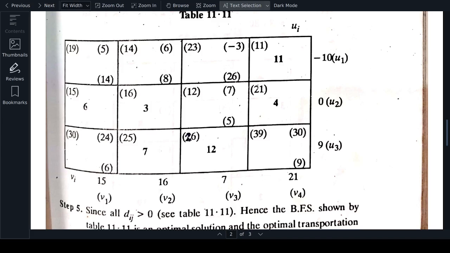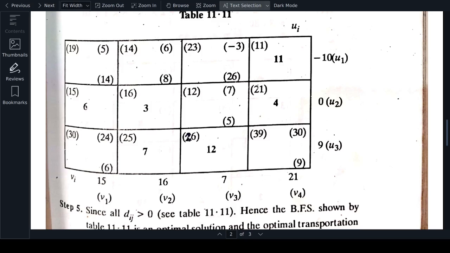So how to find out? We use the relation Cij equal to Ui plus Vj. Where do we calculate Cij from? From all the occupied cells.